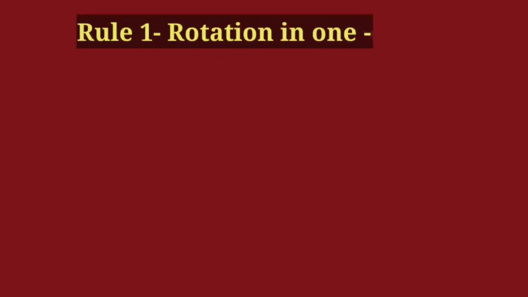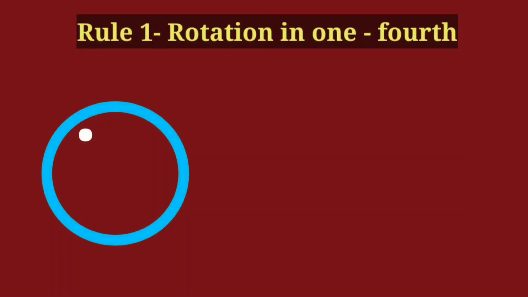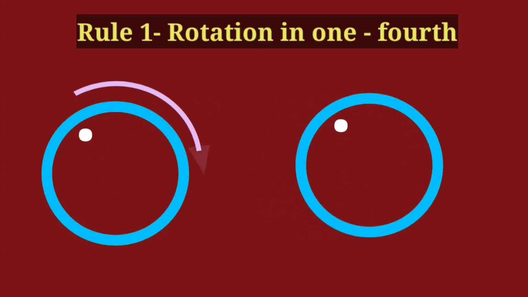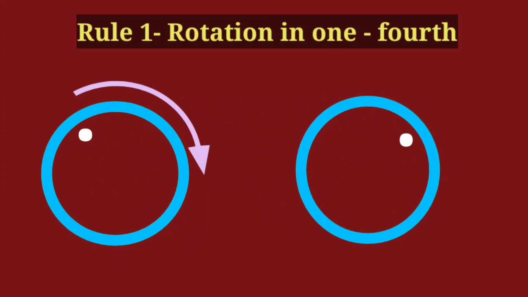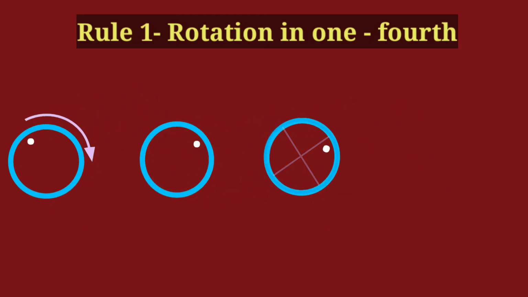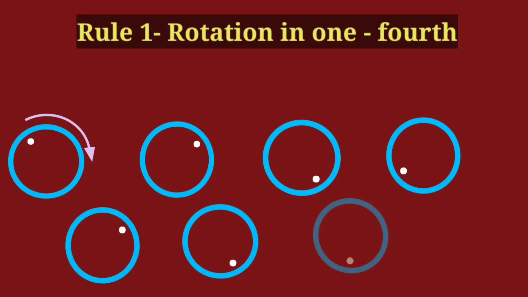Now students, let us learn some rules of making patterns. Here we have a figure. When we rotate it in clockwise direction by 1/4, we get the next figure. And on rotating the figures repeatedly by 1/4, we keep getting the next figure. This way, a pattern is formed, and with repeated rotations, the pattern will continue.